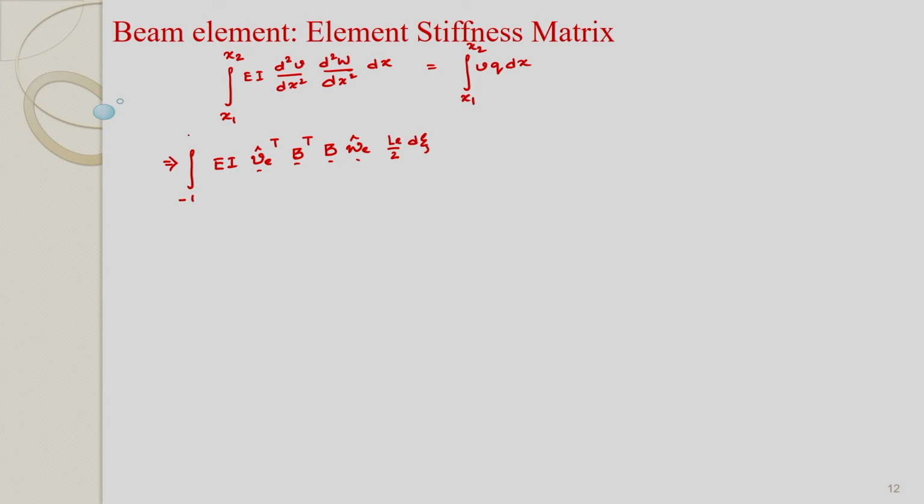We are transforming to parametric space. So, limit is -1 to 1.